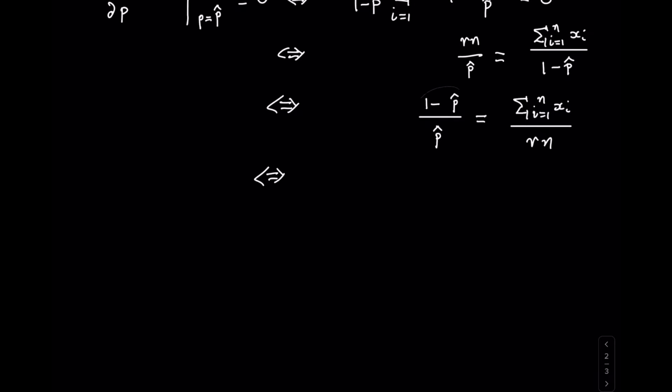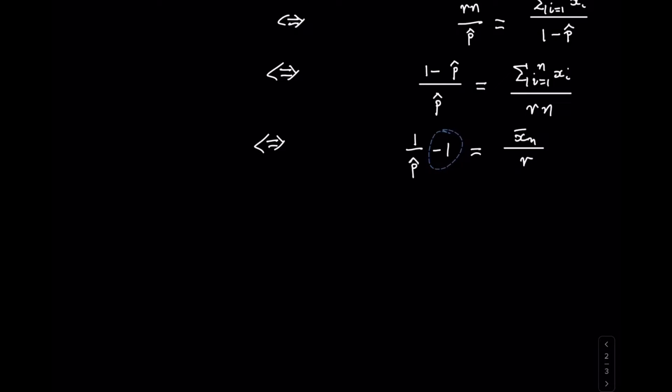Then, if and only if, notice that this expression here we can rewrite as 1 over p hat for the first component, and for the second component that collapses to minus 1. Now on this side of things, if you've got the sum of xi's from i equals 1 to n and you divide by n, this by definition is the sample mean that we defined above, and then we're still dividing by r.